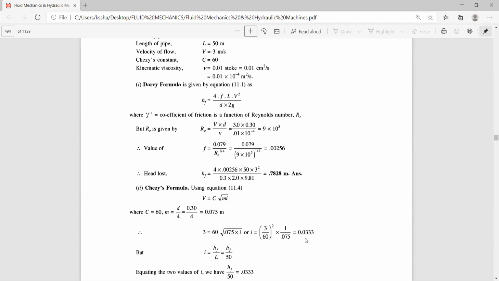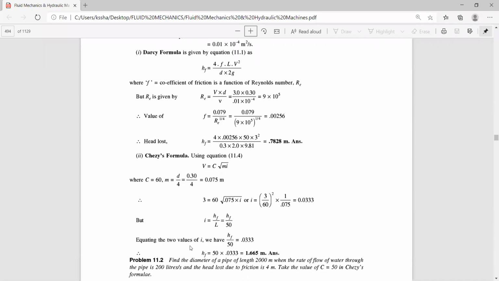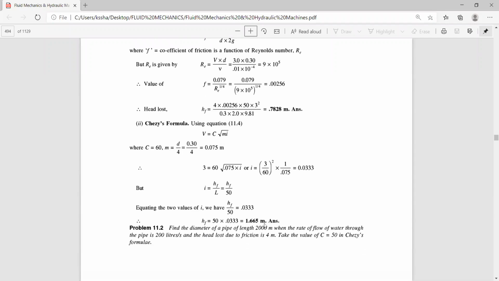One is hf by 50, another is 0.033. So equating the two values of i, we have hf by 50 is equal to 0.033. So your final answer will be hf equal to 50 into 0.033. So it comes out to be 1.665 meter.